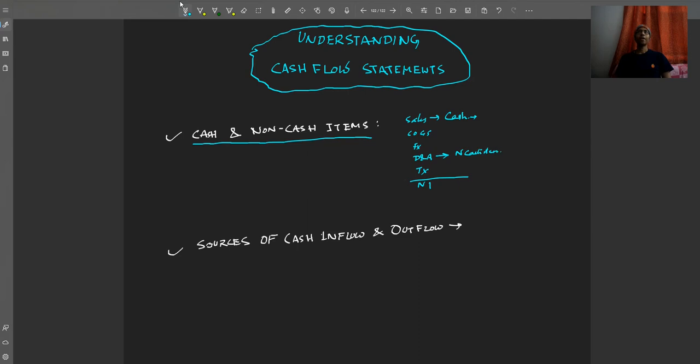Why? Because some investment has been made, say 5 years back or 1 year back or maybe this year. And this investment, let's say it is 100 million, and the useful life of that asset is 20 years, right? Therefore, every period for these 20 years, each year 5 million will be added in depreciation and amortization.